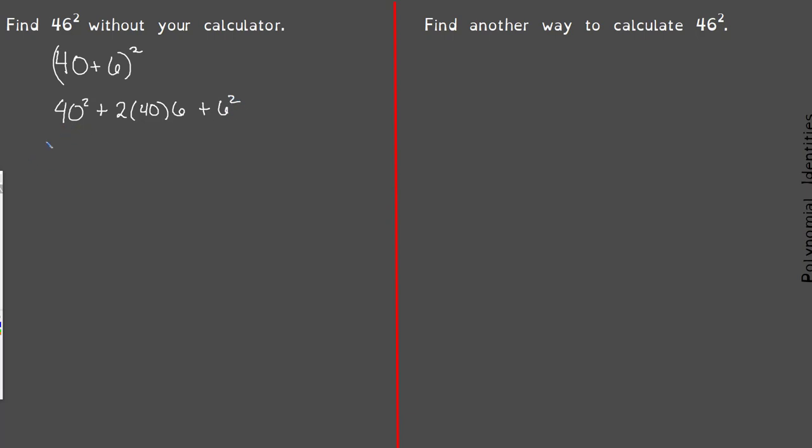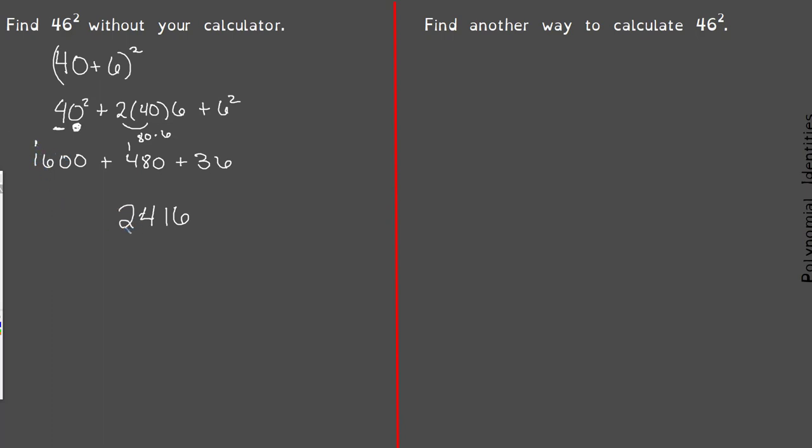And so 40 squared, I take 4 squared, that gives me 16, and then I double my zeros. Plus 2 times 40, 80, times 6 is 480, plus 36. Now I add all these together and I get 6, 1, carry my 1, and then I add 3 plus 1 plus 4 to 6, and that gives me 14.